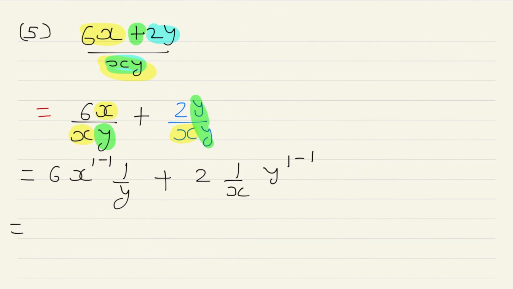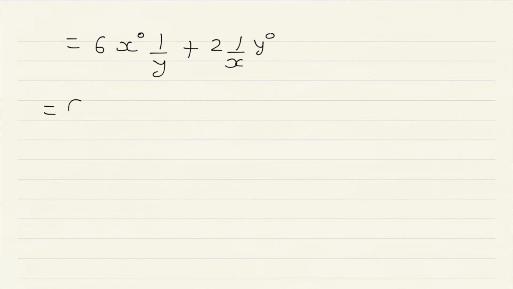So that is 6 times x to the 1 minus 1, so x to the 0 power, times 1 over y, plus 2 times 1 over x times y to the 1 minus 1, so 0 power.